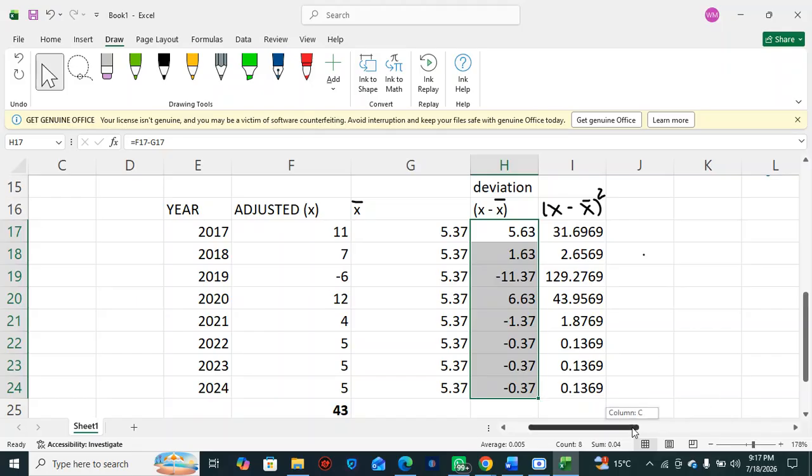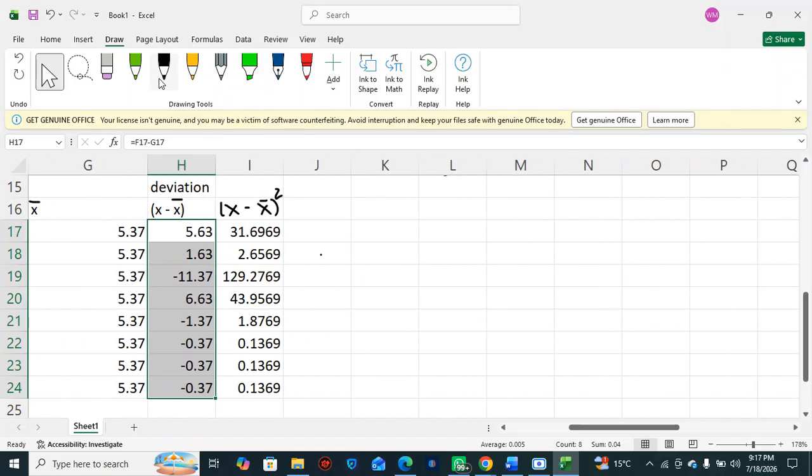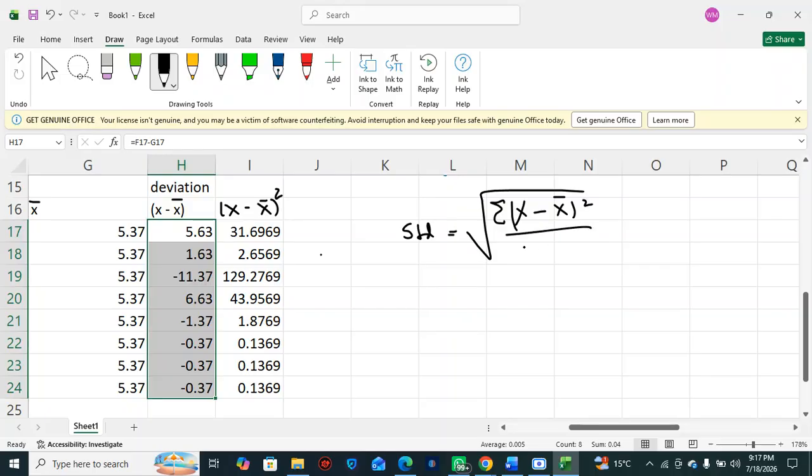Oh, sorry, I forgot to write the formula for the standard deviation, colleagues. Standard deviation is the square root of the sum of (x minus x bar) squared, over n minus 1.